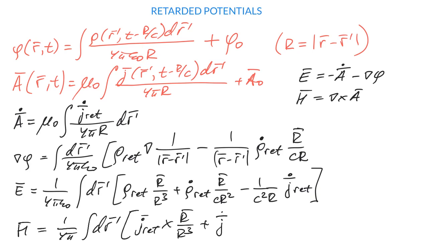But then there's a term coming from j dot retarded crossed with R over cR squared. So again, just as for the electric field, there's a field that looks like magnetostatic, if not for the retardation, and then there's a radiation part that goes as 1 over R.